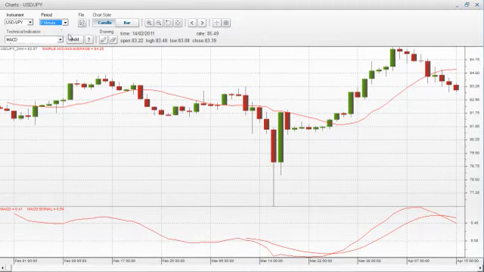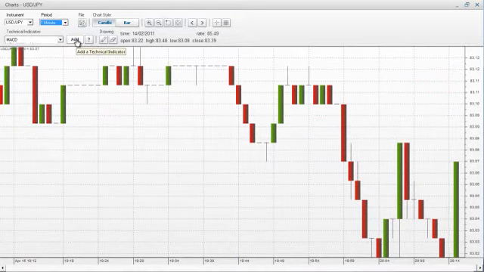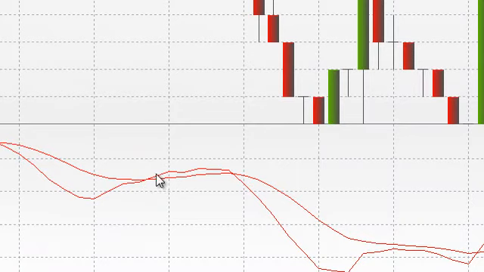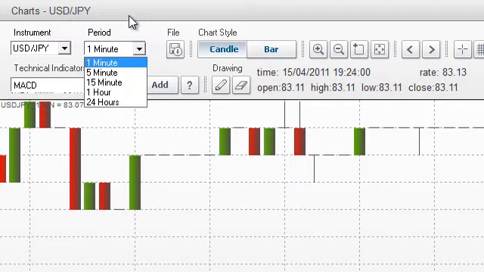Let's have a look, for example, if I bring up a 1 minute bar and then I add in the MACD indicator, you can see that the indicator crosses a lot in the middle of the rectangular region, which is not a particularly good indicator, as it takes time for momentum to build up. So it's better if it happens in the bottom or the upper region of the chart. It still can be useful, but I prefer to use it for longer periods.